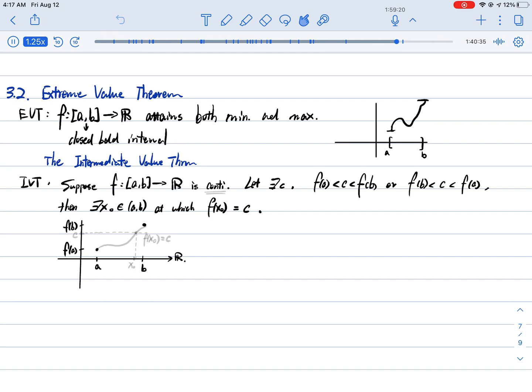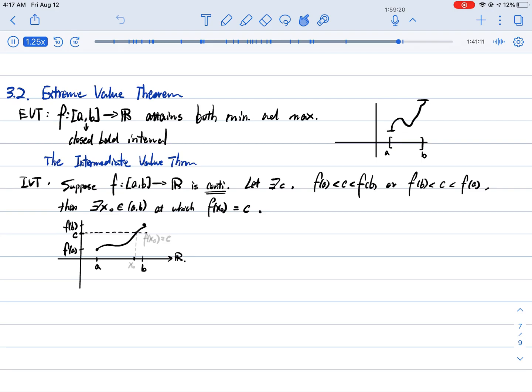If this function is continuous, as we assumed, we just need to connect the 2 of them together in some arbitrary way. And we know that if we choose a certain value right here, let's say it's c, such that c is strictly in between f of a and f of b, so c has the height at this level, we know that there must be a point x0 such that f of x0 is equal to c.